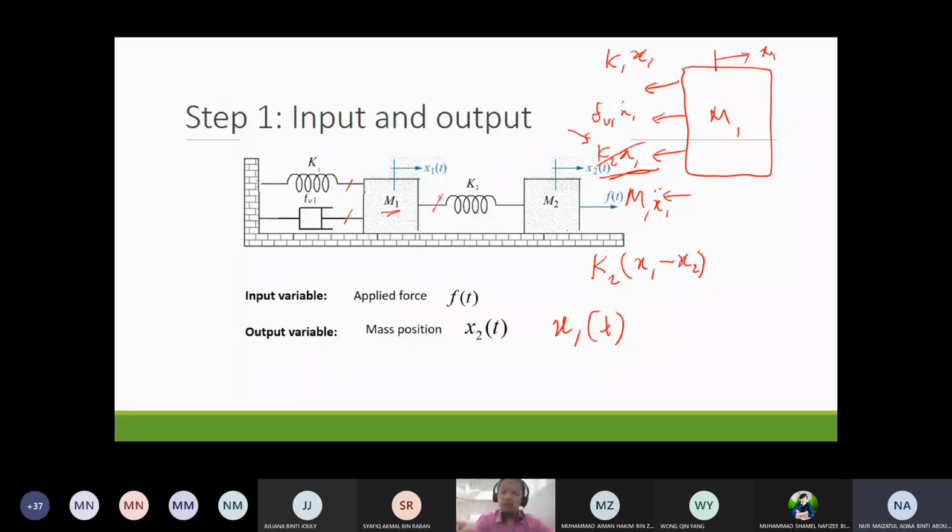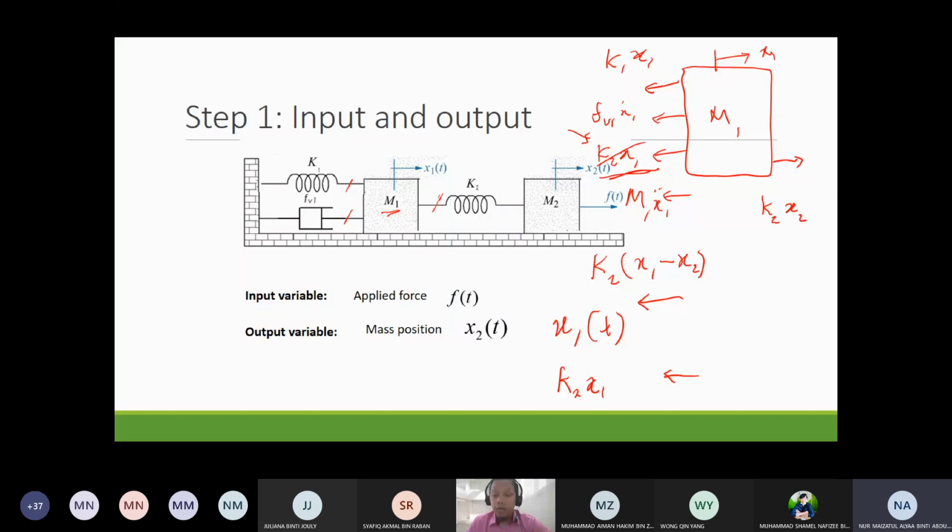I put a backward arrow and write K2 X1. Okay, so K2 X1 is always acting backward. And then I add a forward arrow, and the force is K2 X2. Okay. You can write K2 times X1 minus X2, but the direction is backward. Or you can split the force: K2 X1 backward, K2 X2 forward.